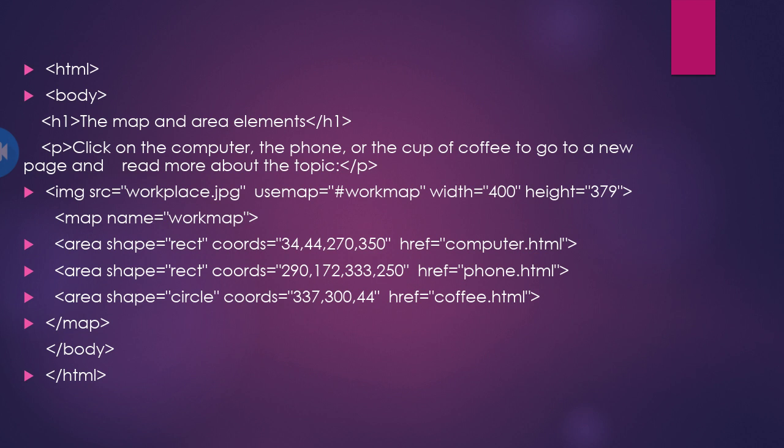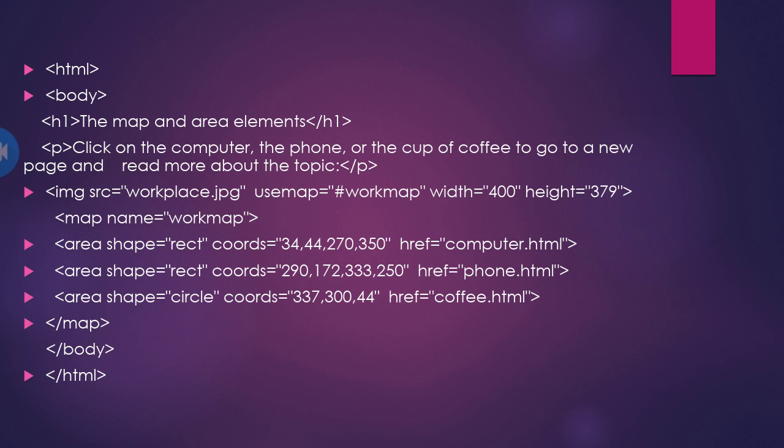After the paragraph tag, I have started the map tag to provide the mapping. For this, we first have to use an image. So start with this tag, image src.